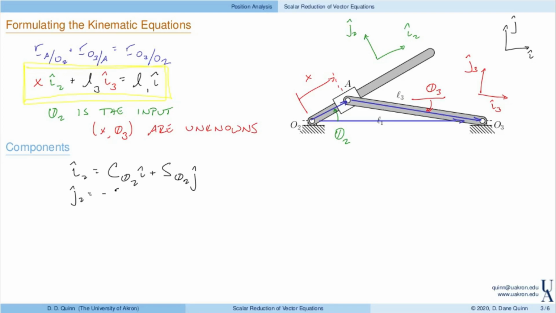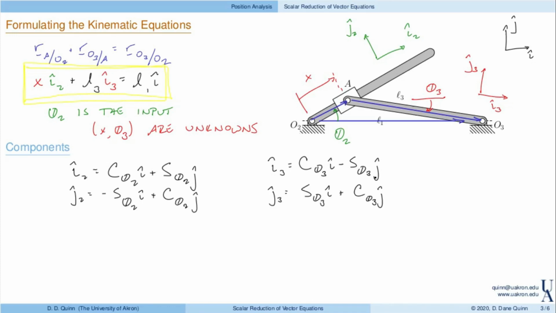J2 is minus sine of theta 2 in the I direction plus cosine of theta 2 in the j direction. And I3 is cosine of theta 3 in the I direction minus sine of theta 3 in the j direction, again, because theta 3 is clockwise positive. J3 is sine I plus cosine j.